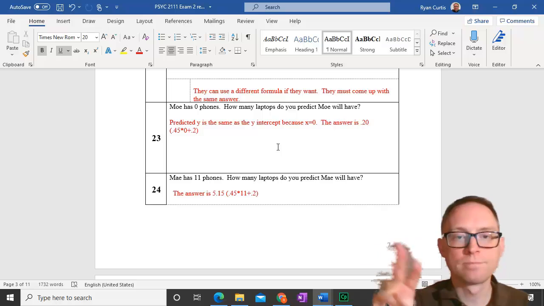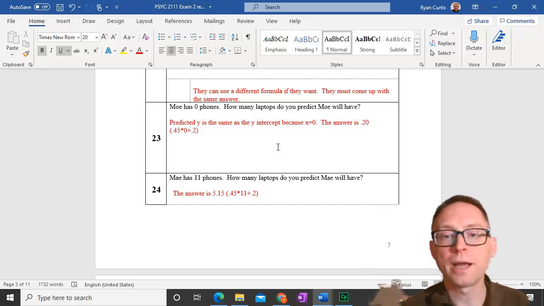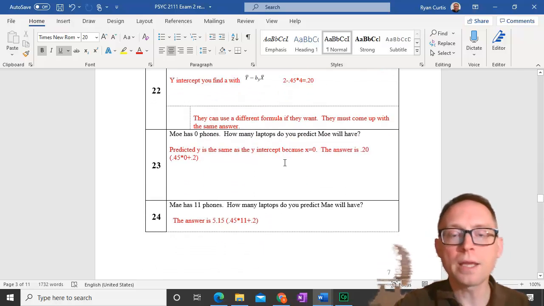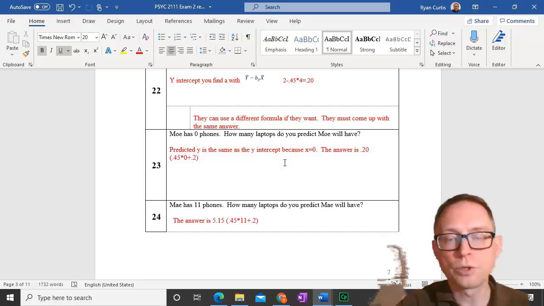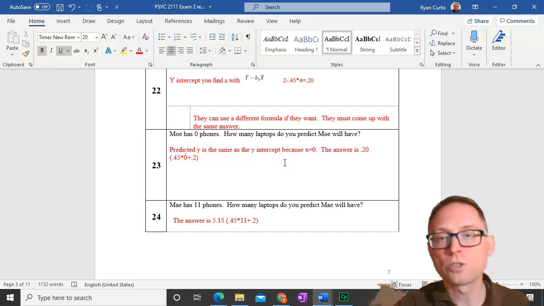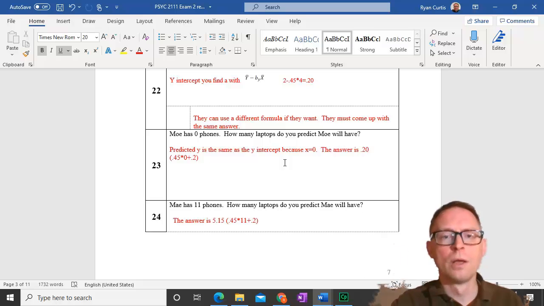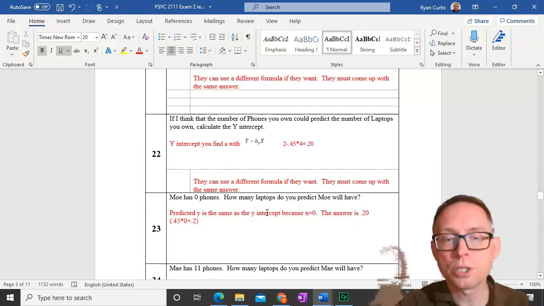Mo has 0 phones. How many laptops do you predict he's going to have? Guess what? That's the Y-intercept. That's what you just barely calculated. So if you want to go through it, you can figure it out. You can do Y equals mx plus b, which is Y equals bx plus a, is what we say nowadays. So Y equals b, the slope, 0.45 times x.